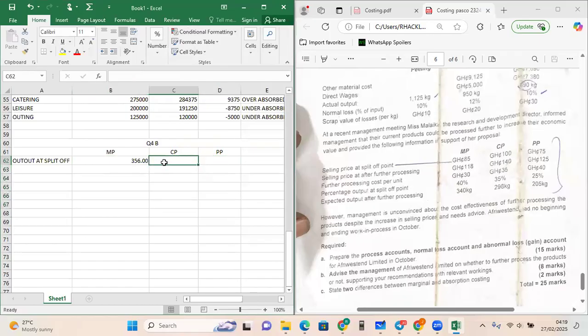Now, this one is 35%, so 0.35 times 890.